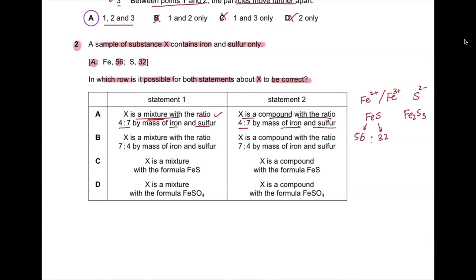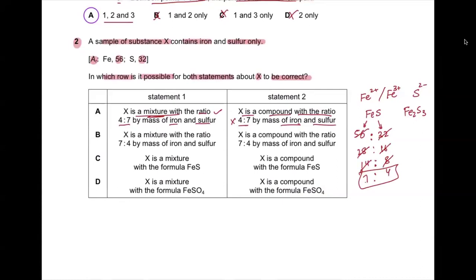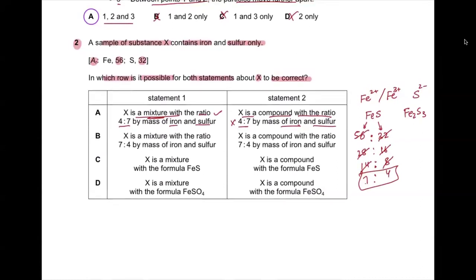Can we simplify it? It becomes 28 and 16, then 14 and 8, then 7 and 4. So it is going to be 7:4, not 4:7. So statement 2 is wrong. Is this understandable?